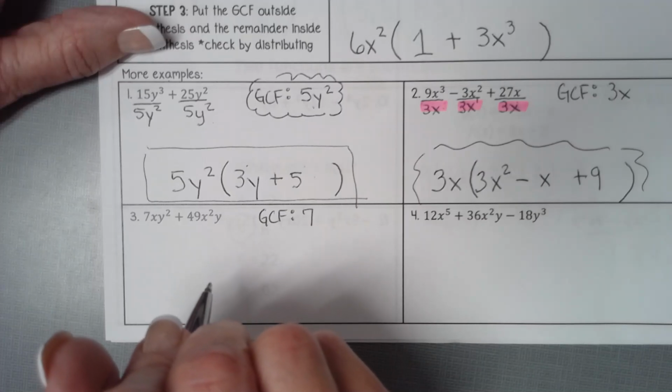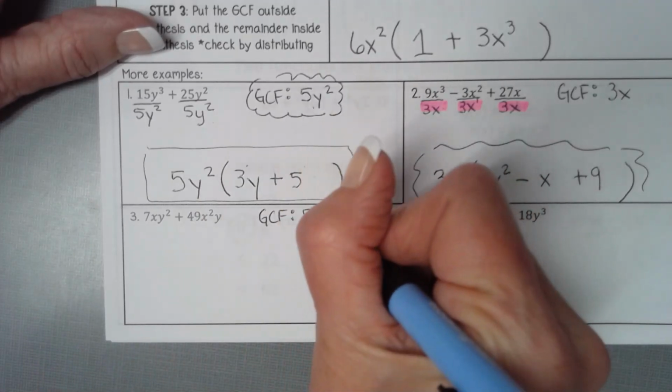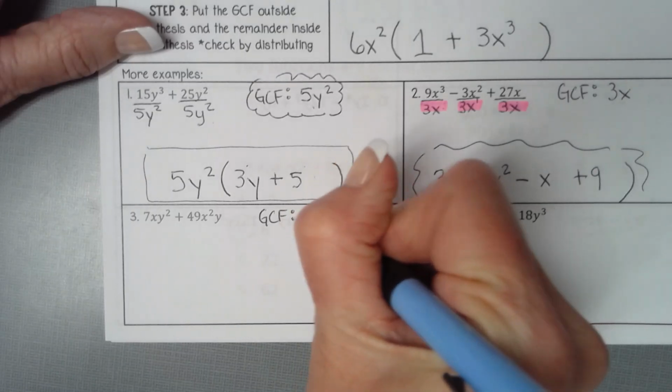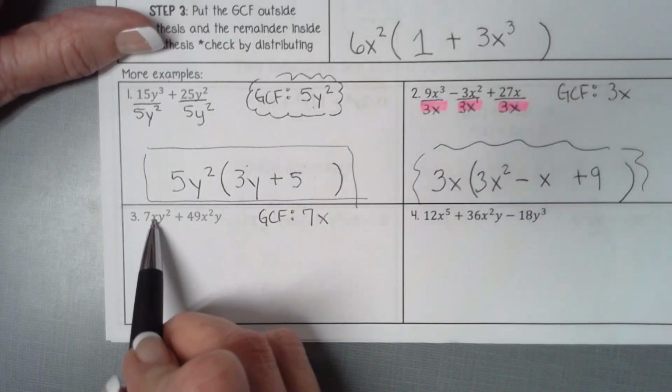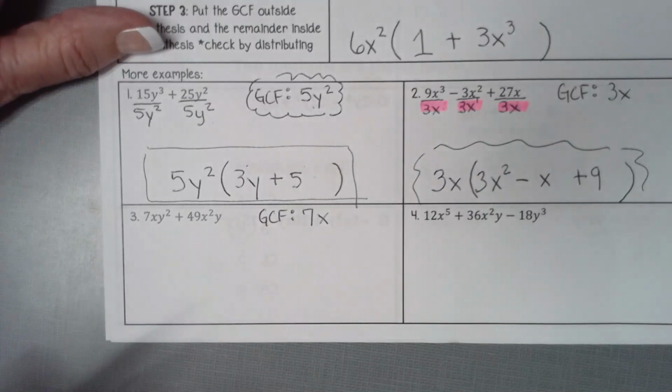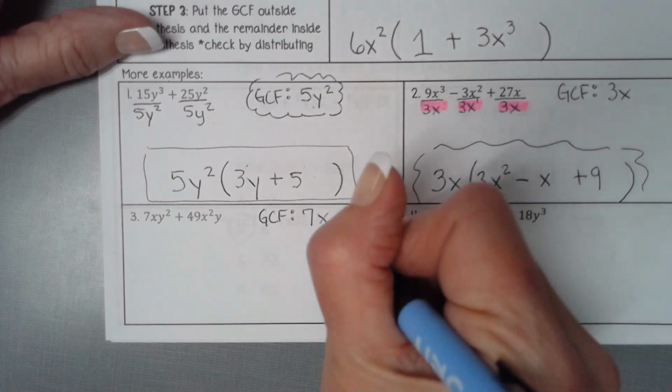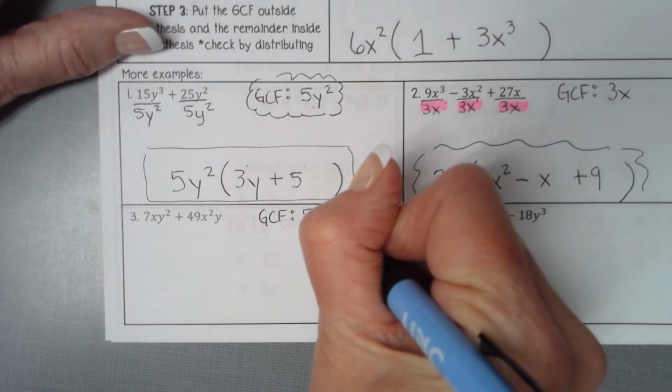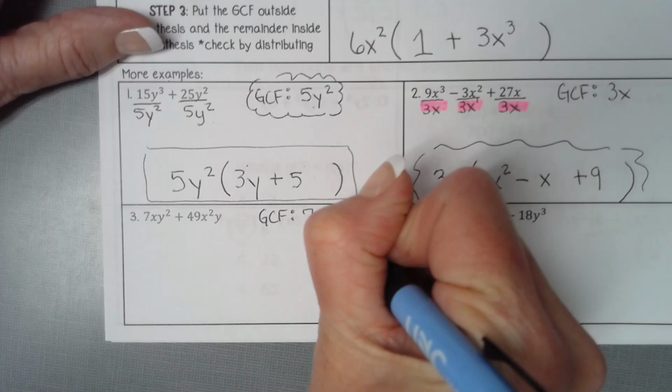Do I have x's in both terms? Yes. What's going to be the GCF for that? 7x1. It's just going to be an x because the smallest power is a 1. Do I have y's in both terms? Got to have them in both. So what's my GCF for the y's? Y to the first power.